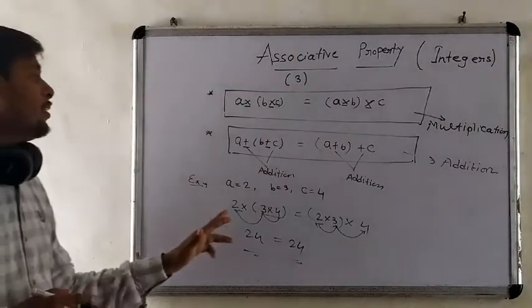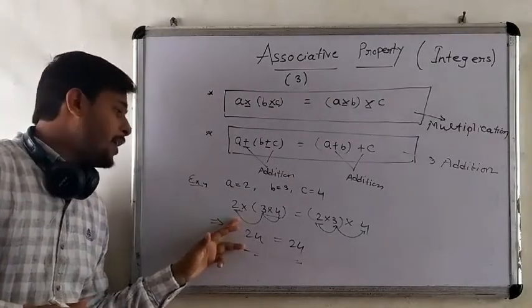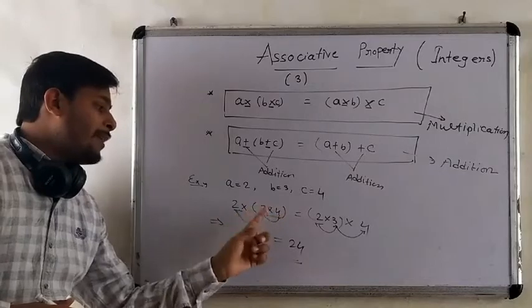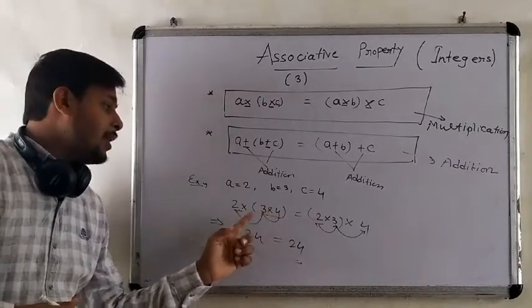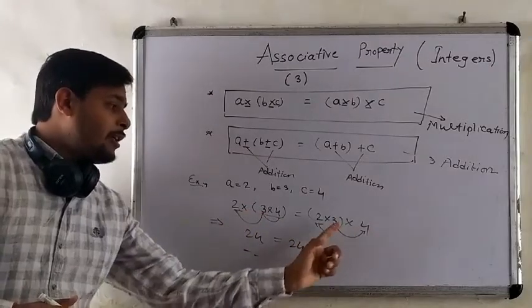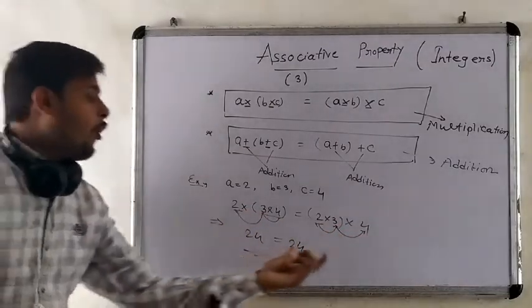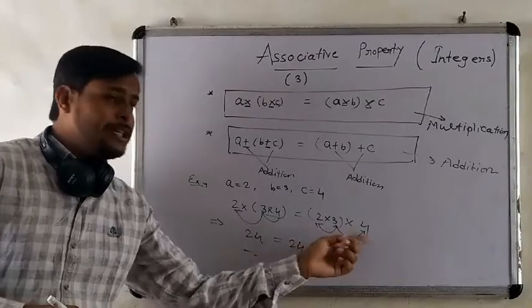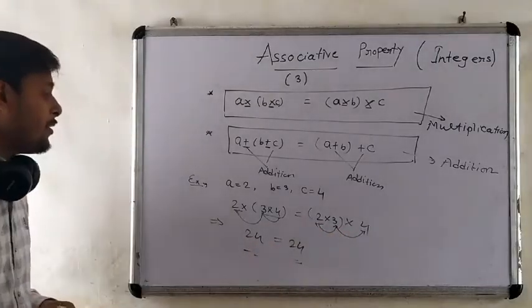Means according to associative property, order of multiplication of numbers does not affect the result.